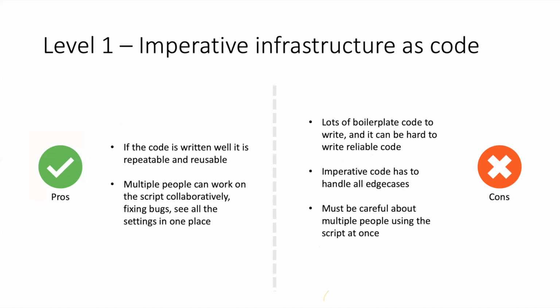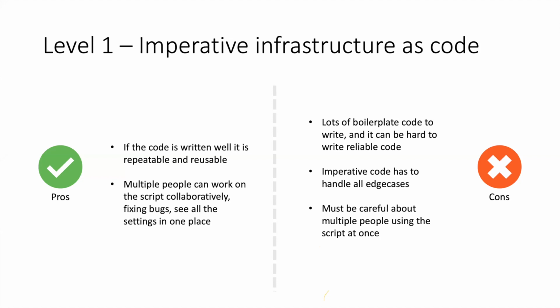So to summarize the pros and cons of this imperative infrastructure as code approach, it's clear that if the imperative script is written well, it's going to be repeatable and reusable. So I won't have that problem of a human making mistakes clicking around in the console. And I can actually have multiple people working on the script collaboratively. So I won't have that problem of person A changing the setting and person B changing it back.